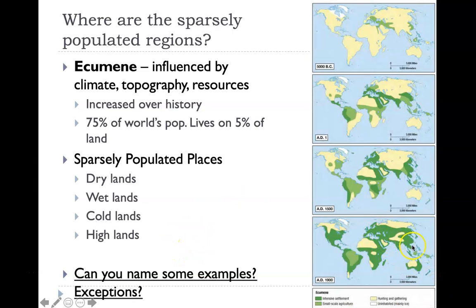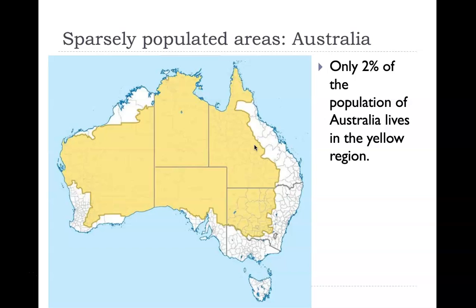So you'll see that like the Himalayan mountain chain in here has always been unoccupied as well, or sparsely occupied. All right. Again, Australia is a sparsely populated area. Most of it, only 2% of the population live in that yellow region. That's the outback. You'll see a lot of clustering on the coast.